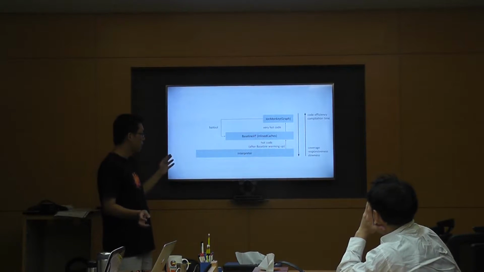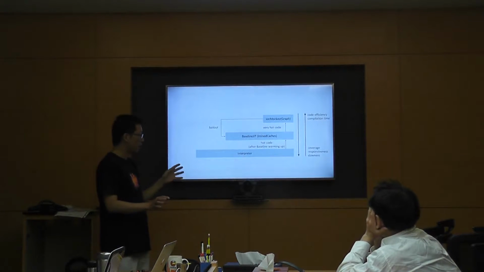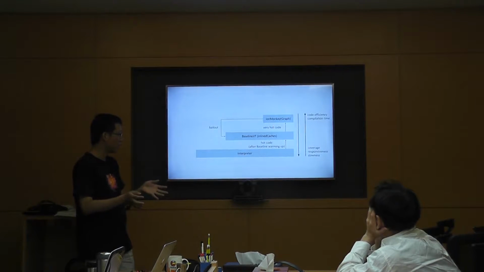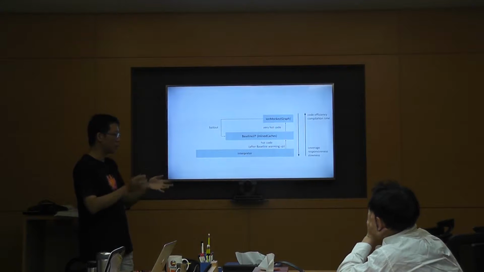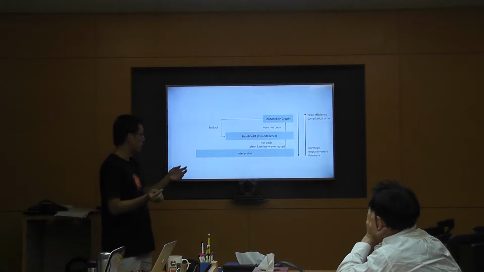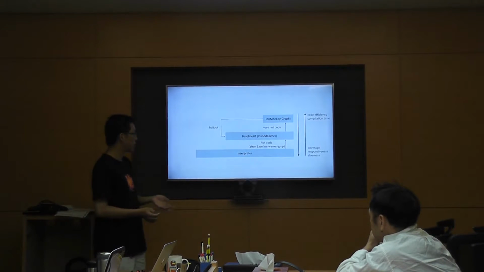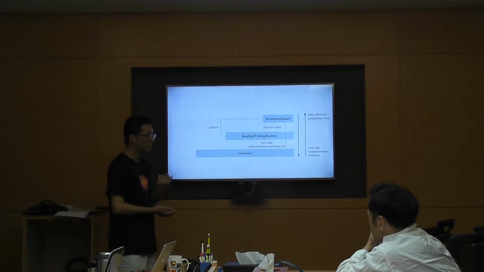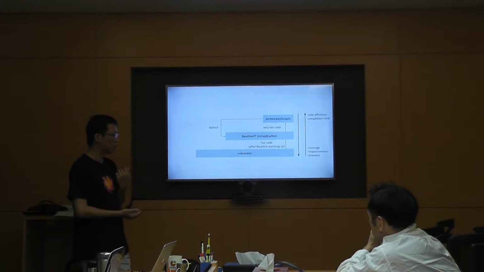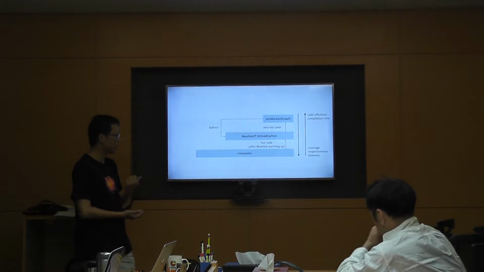For the baseline, it only applies when your code gets hot and only for some special expressions it recognizes. So baseline can cover only some of your script, but it's very fast. I think it's about 100 times faster than the interpreter itself.